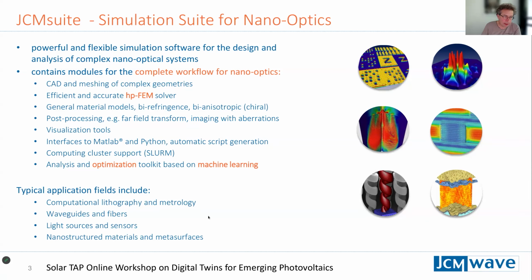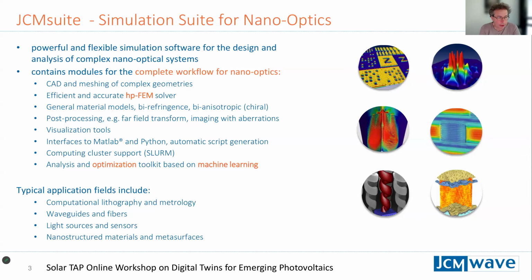Then we have general material models, such as birefringence, anisotropic material for modeling chirality, and so on. We have dedicated post-processing, like efficient far-field transformations on isolated computational domains, or quite sophisticated imaging solvers where aberrations in optical systems can be modeled.